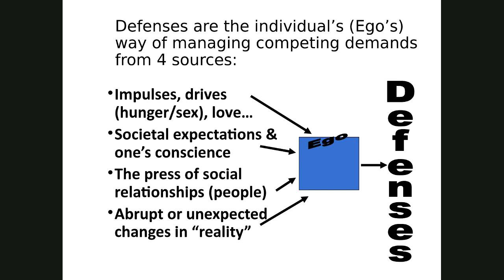One are impulses and drives and hunger, sex, those sort of original psychoanalytic ones, aggressive and sexual instincts. But involving and incorporating the work of the object relations theorists, he talked about how social expectations and one's conscience really develop from an awareness of what's expected and what people who we care about expect us to do and how they expect us to act.